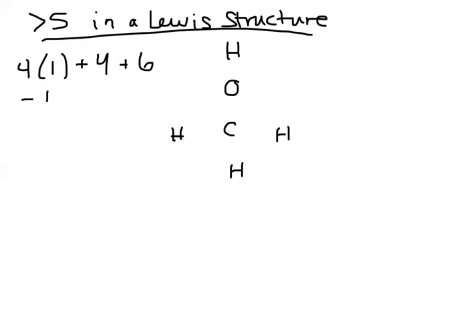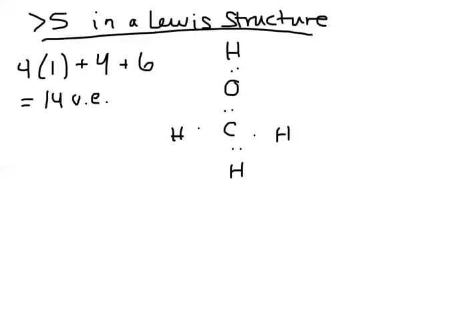Does everyone see how I did that? Where do I put the first electrons? In the bonds, right? So I'm going to put 2 between each pair of atoms.